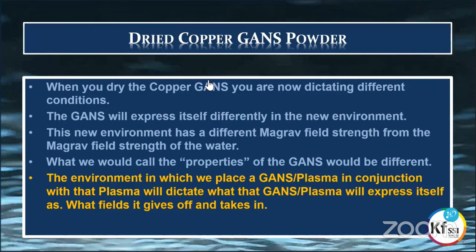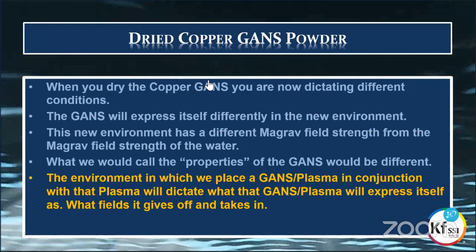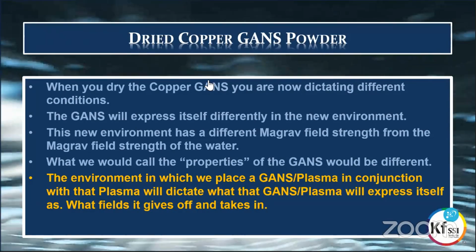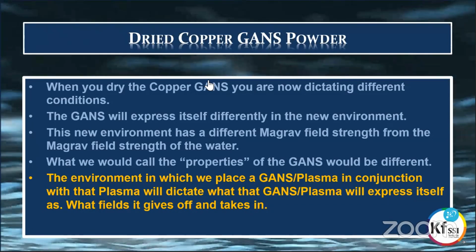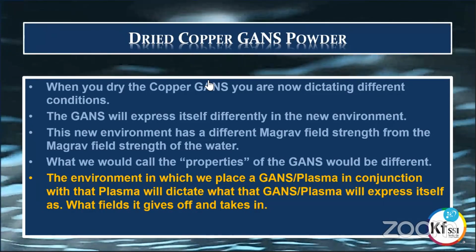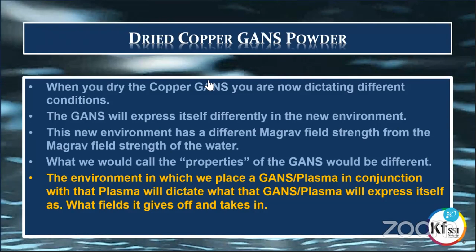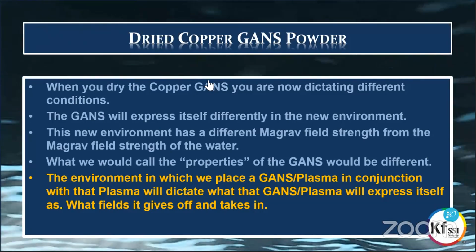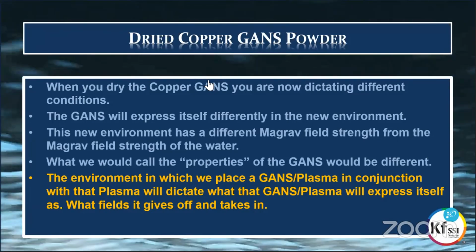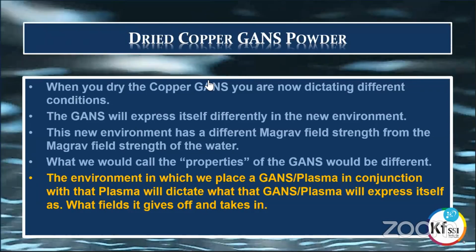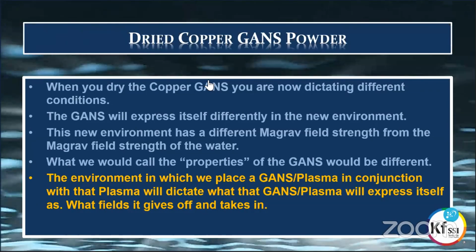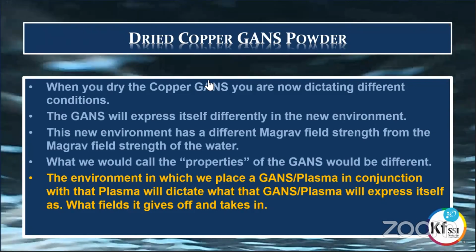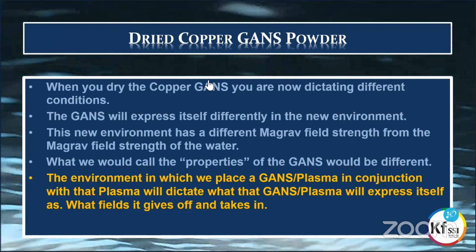When we have the GaNs in the water, it's the GaNs itself in conjunction with its environment which is dictating the interaction and release of these fields. So we've understood we're imparting the fields into the water of the GaNs, and then you're drinking that water.